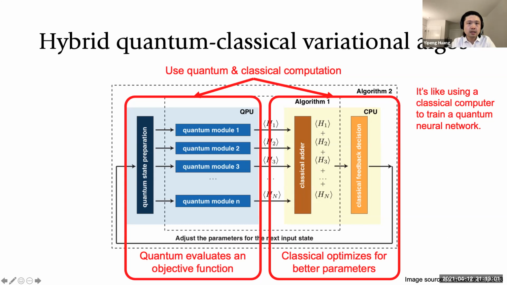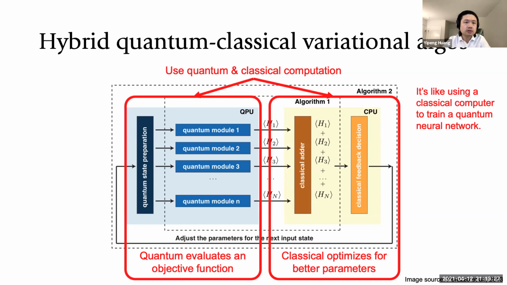This optimization routine is akin to using a classical computer running an optimization routine, which trains a set of parameters, very similar to training the parameters in a neural network. But here, instead of a real valued neural network, the parameters that we're training are instead inside a quantum circuit, which is executed on a quantum computer.